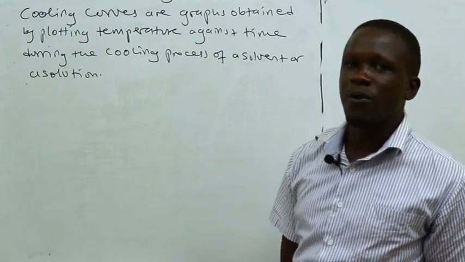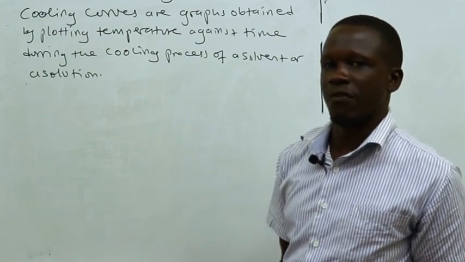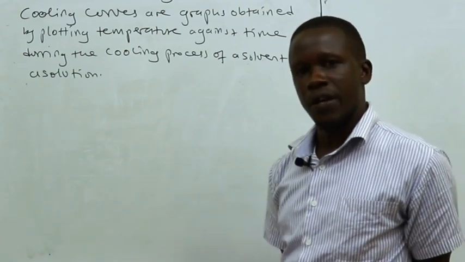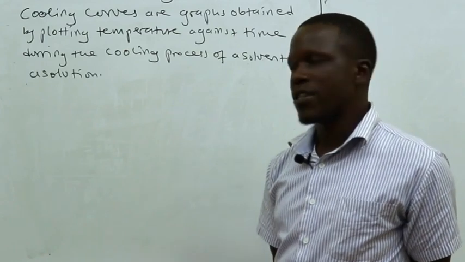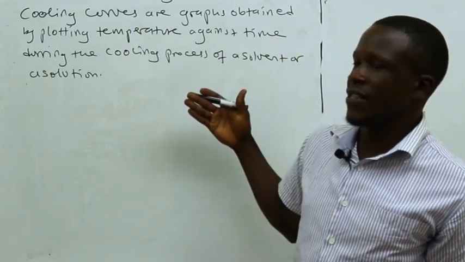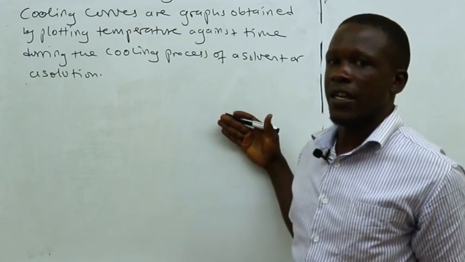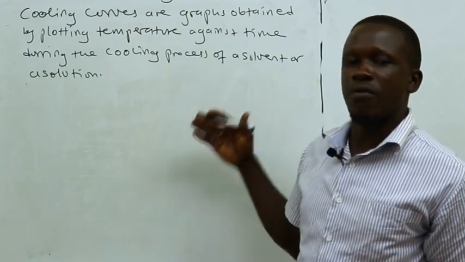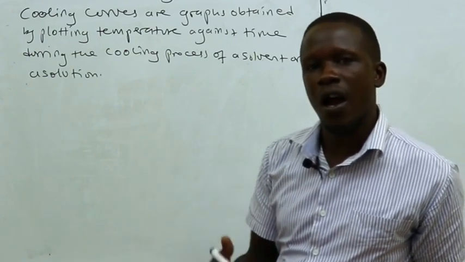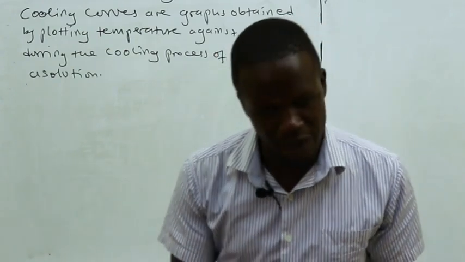And then you record that at given time intervals. For example, every 2 minutes, you record 3, 4, 5. The results of temperature that you are recording versus the time taken can be used to plot a graph, and that graph will result into what we call a cooling curve.